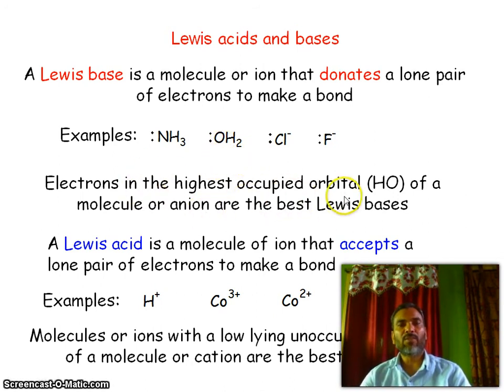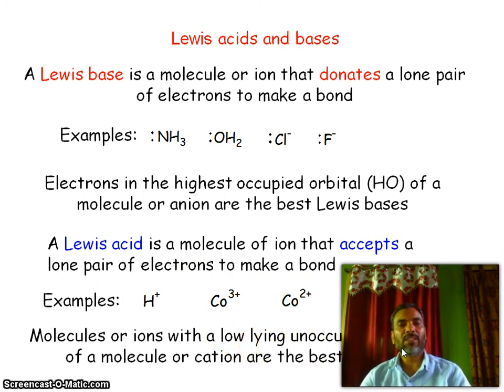Electrons in the highest occupied orbitals, which we call HOMO, of a molecule or anion are the best Lewis bases. A Lewis acid is a molecule or ion that accepts a lone pair of electrons to make a bond: H plus, cobalt 3 plus, cobalt 2 plus, metal N plus. Molecules or ions with low-lying unoccupied molecular orbitals.